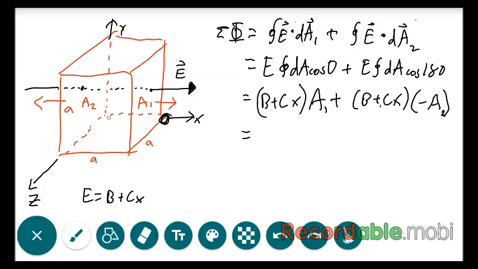And that's a distance from the origin. So we're going to plug that in for x. So we get B plus C a, where little a is the distance from the origin, plus, and for surface 2, that x coordinate is at the origin, which is 0.